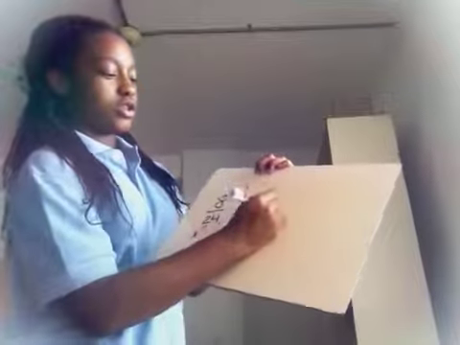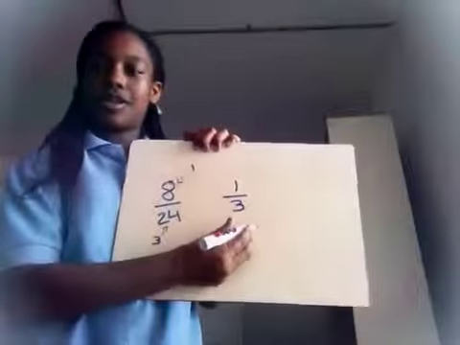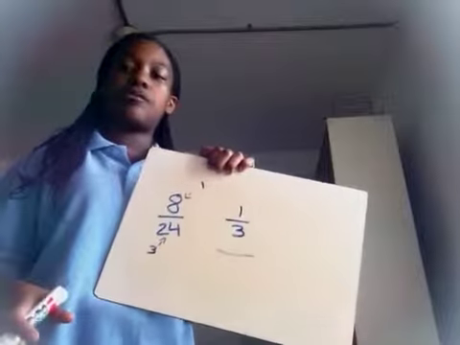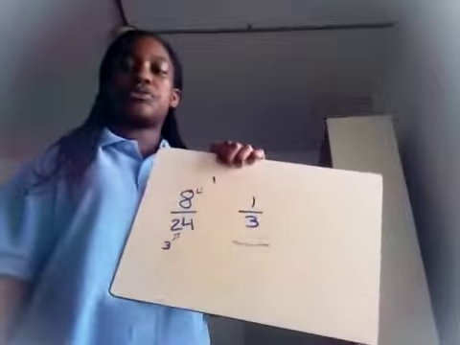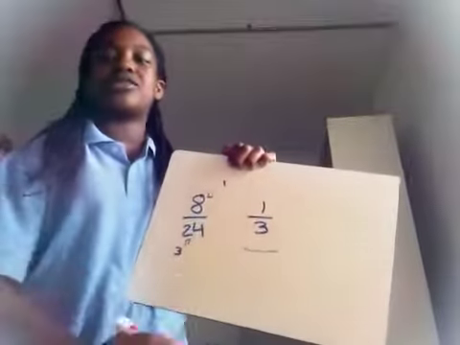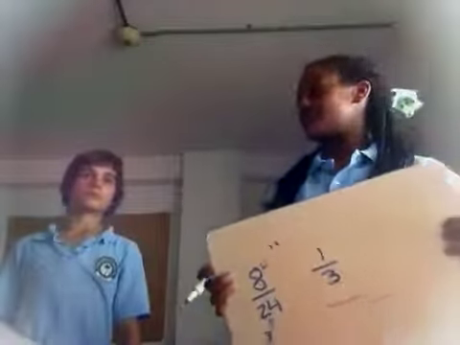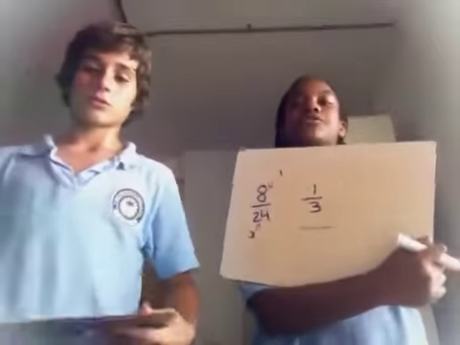So then your fraction would be 1/3. And if it can't be divided anymore, then that would be the simplest form, because you can't divide 1 and you can't divide 3. They're both prime numbers, so that's your least value. So that's your simplest form, right? Yeah, this would be your simplest form.